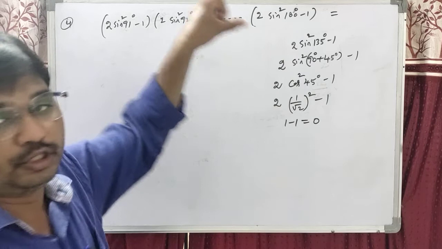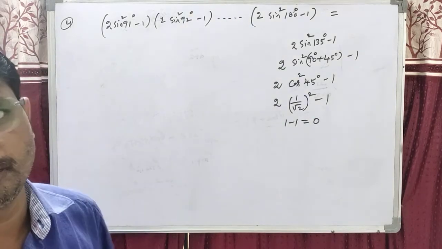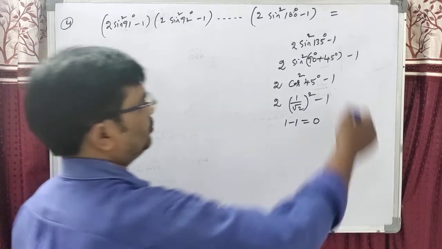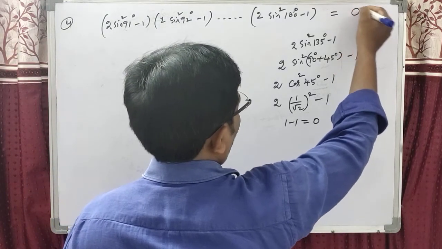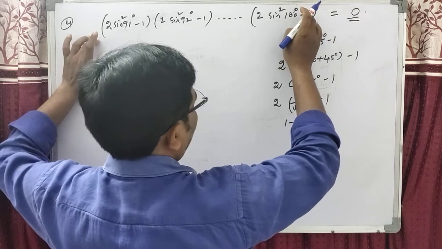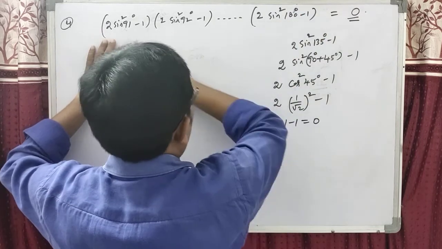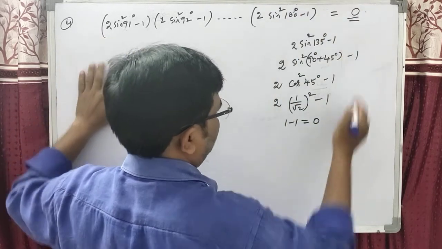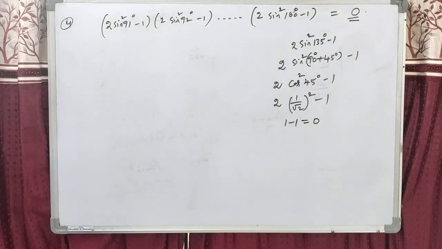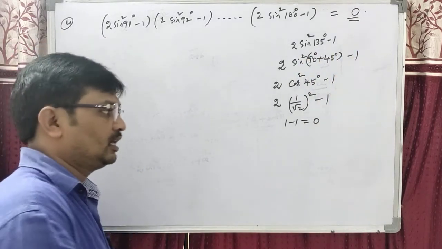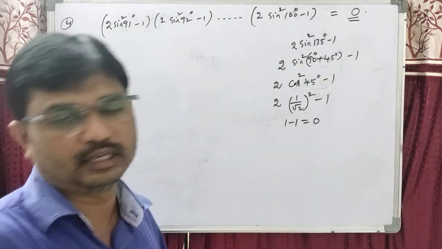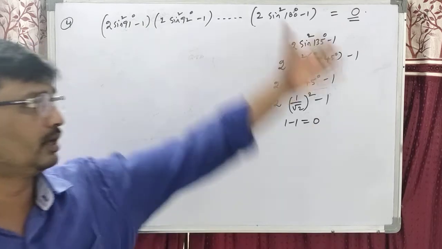The product of some value into 0, undoubtedly, students, it will be 0. Since the 2 sine square 135 minus 1 value is 0, that's why the product of this value into 0 is 0. Okay students, simply you can write 0.